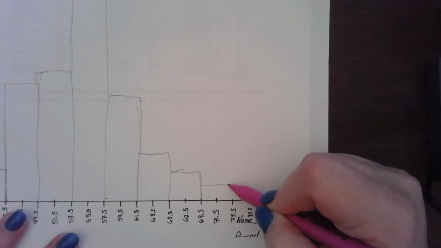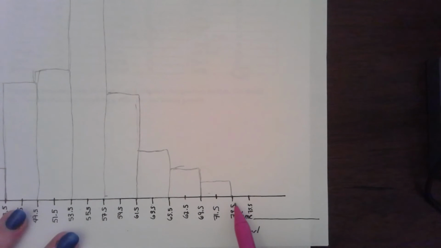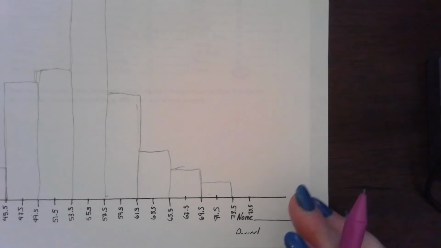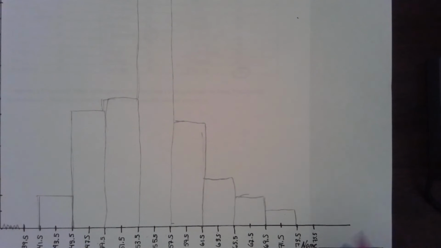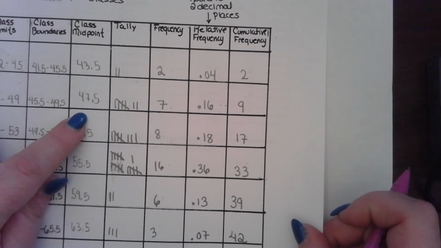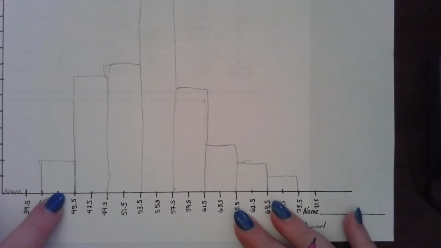Okay, now what you're going to notice is that I have things going from the outside here. The reason why is because this is our histogram. This is what it should look like, all right? Now, to do our frequency polygon, we go from the midpoints, which are 43.5, 47.5. And if you notice, I have those written in here.